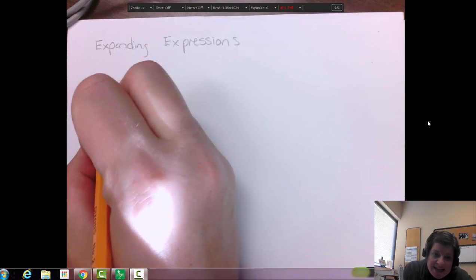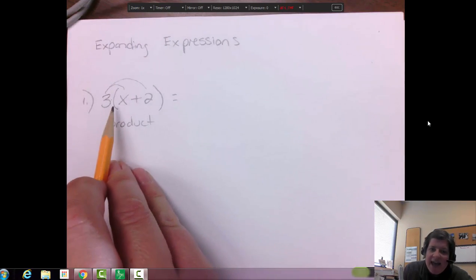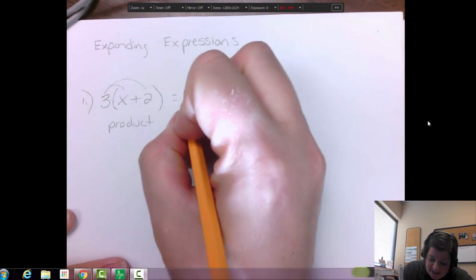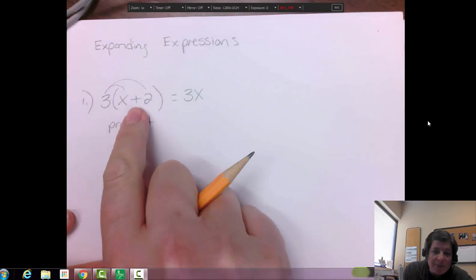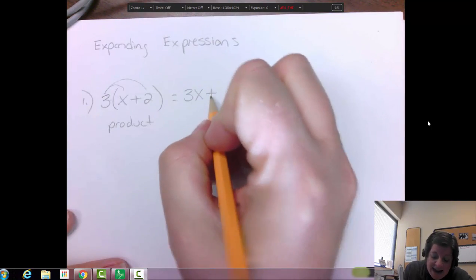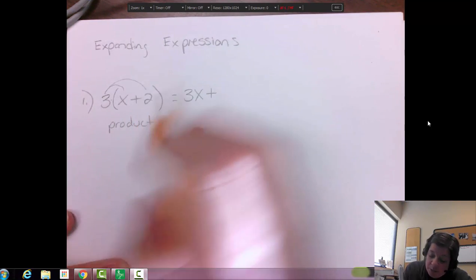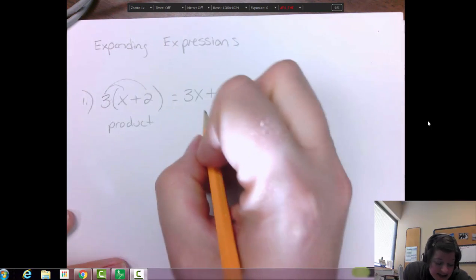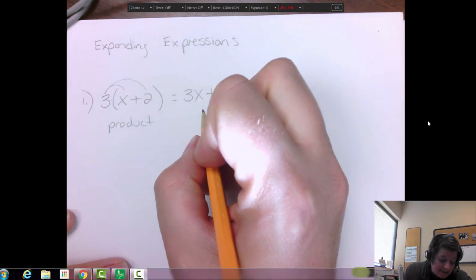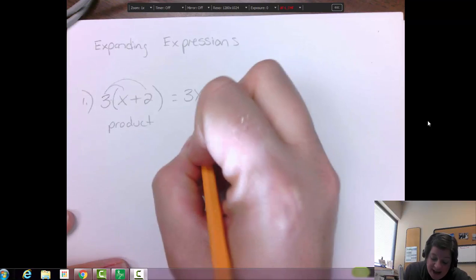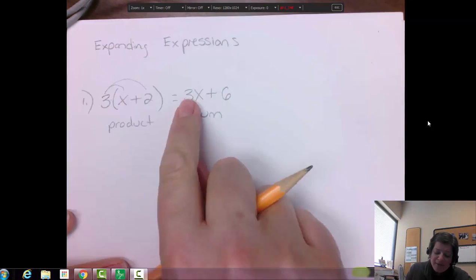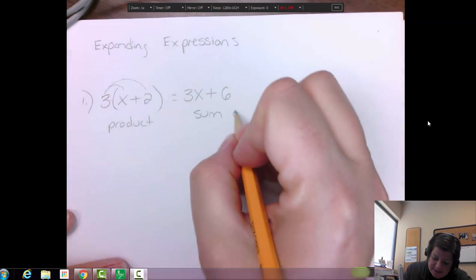So I'm going to go 3 times x, and that's just 3x. And I'm going to bring over the plus sign, and I'm going to go 3 times 2, which we know is 6. And this is going to be the sum of 2 terms.